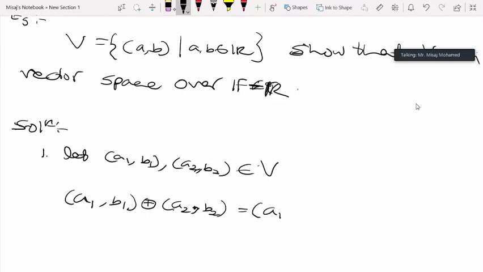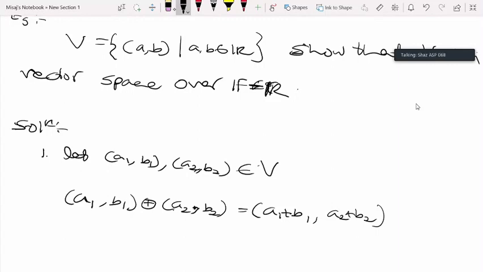So we have to add like this. Just a normal addition. Is that okay? The first component is added to the first component of the second element, and the second component of the first element is added to the second component of the second element.